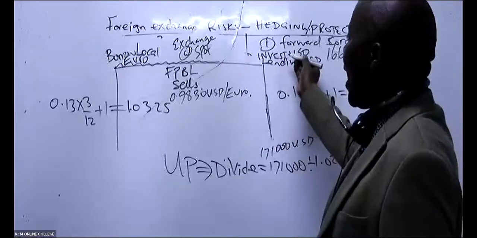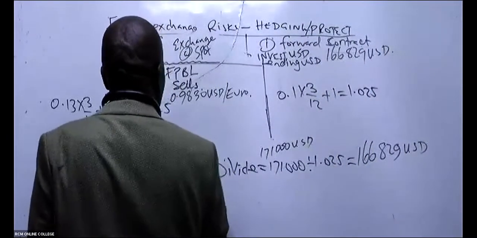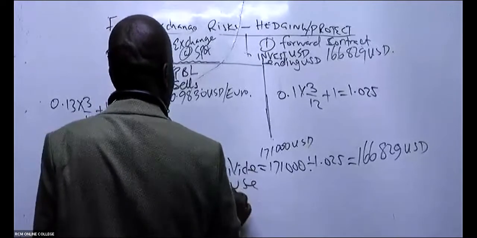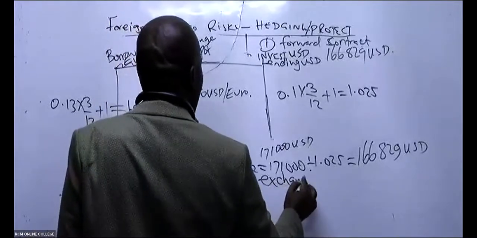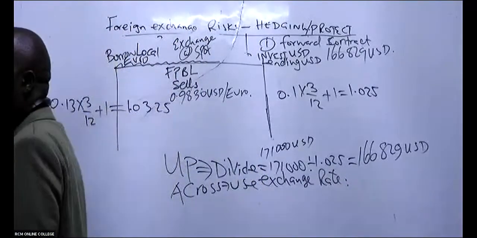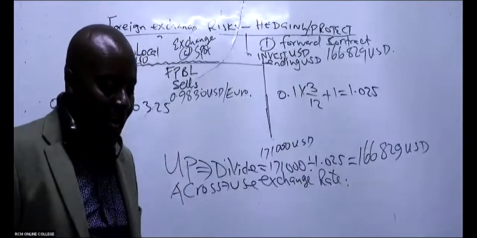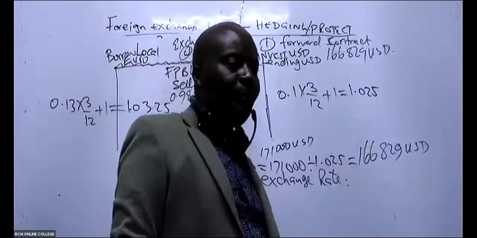And then now we have across. Across, we use the exchange rate. So for the exchange rate, you ask yourself, will you multiply or will you divide?